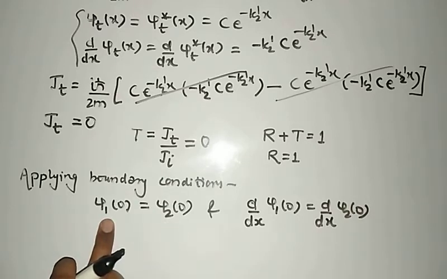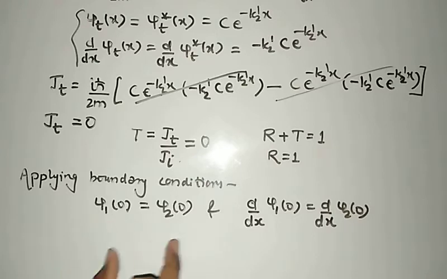I want to remind you of one more thing: in the first case we used the complete wave function, which has time also, so there was no effect here. In the first case, for ψ1(x) and ψ2(x), we can use this one also without any doubt.